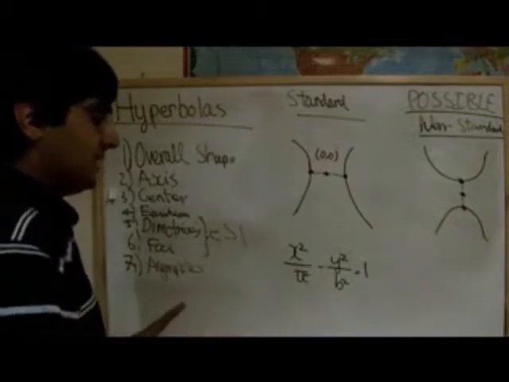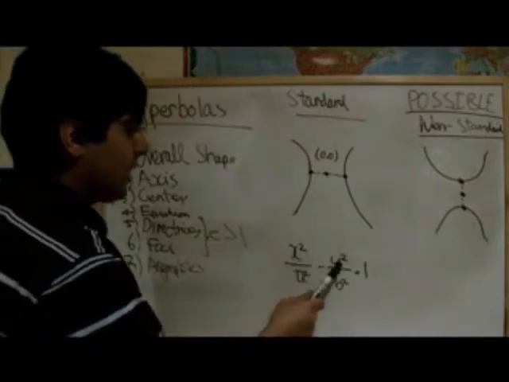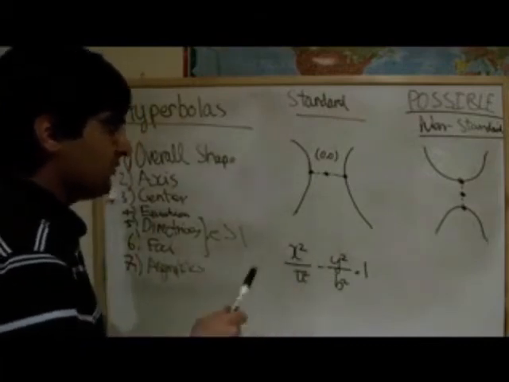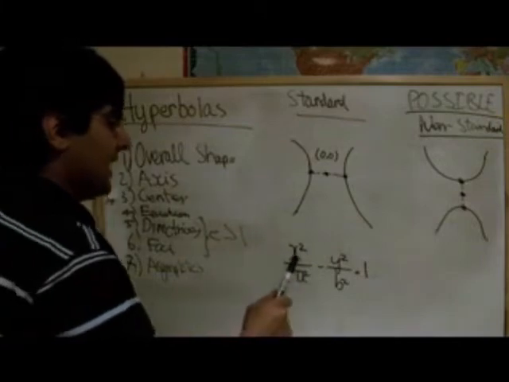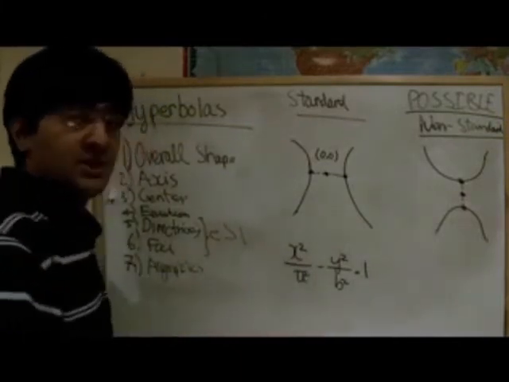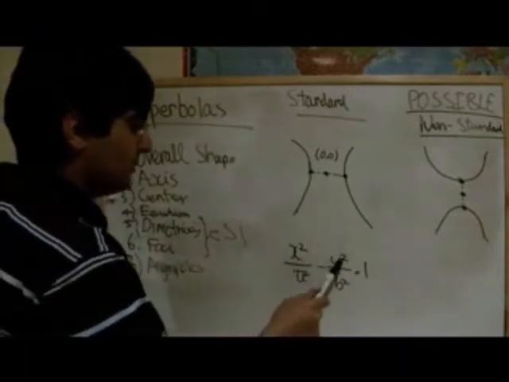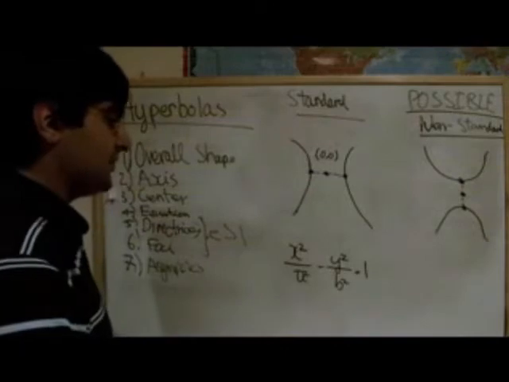No matter what hyperbola that you're talking about, whether it's standard or non-standard, x and y will always refer to the coordinates of the points on the hyperbola. So x and y will be variables. The number 1 will always be a constant. And that's irrespective of what hyperbola you're talking about. x and y will be variables, and 1 will be a constant.